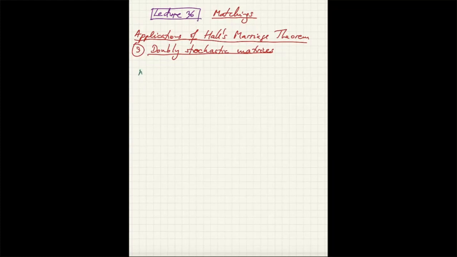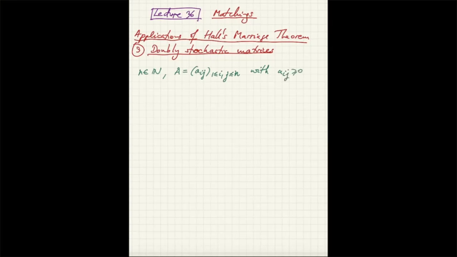So let's say we have a natural number n. Then we have a matrix A. Its entries are a_ij for i and j between 1 and n, with a_ij real and non-negative.